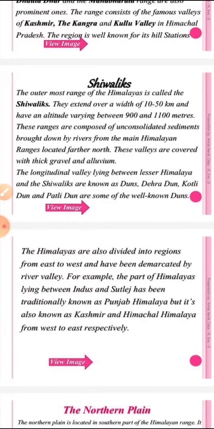The part between Satluj and Kali river is known as Kumaun Himalaya. The part between Kali and Tista river is known as the Nepal Himalaya. And between Tista and Dihang river, the part is known as the Assam Himalayas.